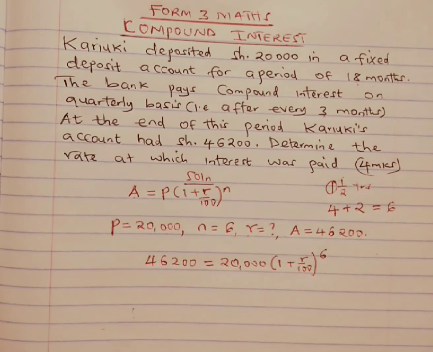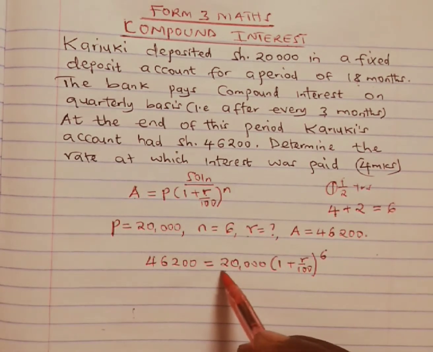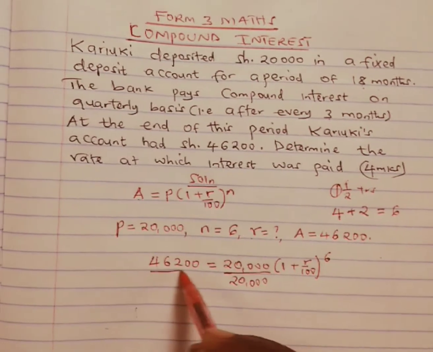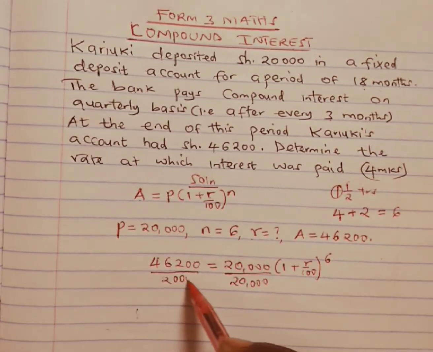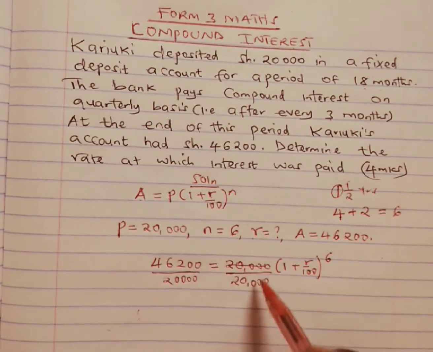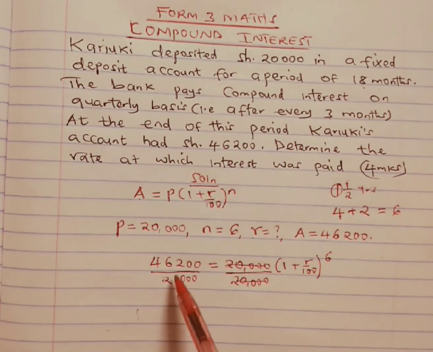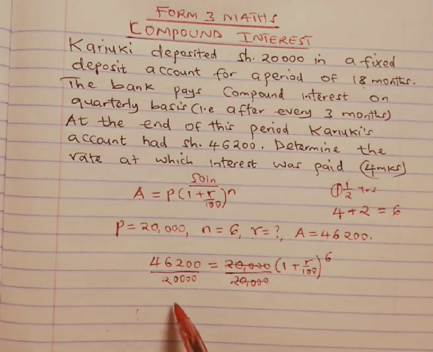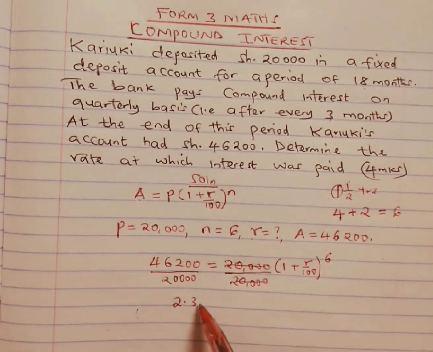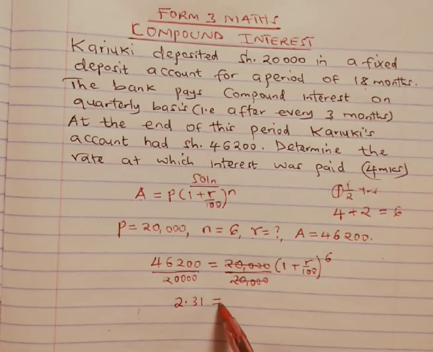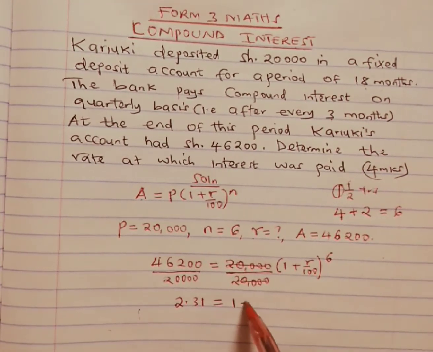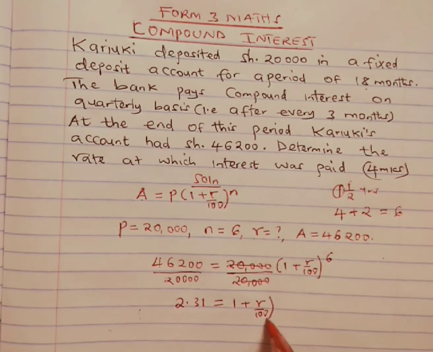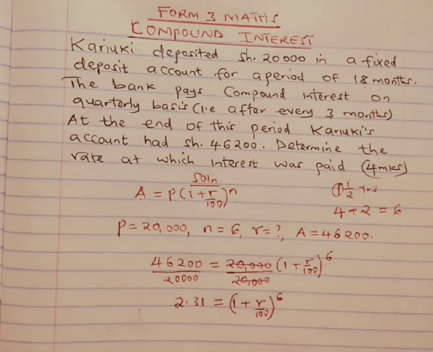The first thing we are going to do, we divide both sides by 20,000, such that 20,000 and 20,000 cancels. If you take 46,200 divided by 20,000, that gives us 2.31, and 2.31 is going to be equal to 1 plus r divided by 100, everything raised to power 6.